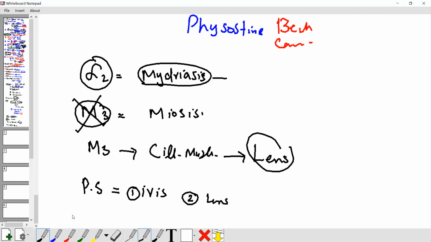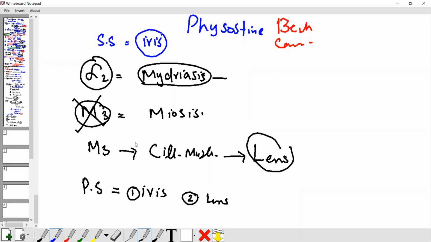The sympathetic system only controls the iris, it has no concern with the lens. The sympathetic system only controls the diameter of the pupil, causing mydriasis. It has no effect on the lens. Clear or not?